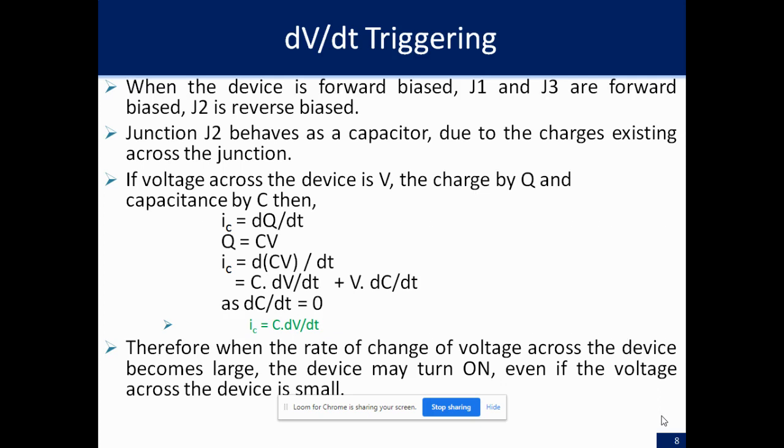So when there is a sudden increase in dV by dt, definitely there is a chance for increase in IC, which may go above the latching current, and your SCR can conduct. This is one way of triggering on your SCR, but it is not that advisable, because there is always a chance for pseudo triggering.